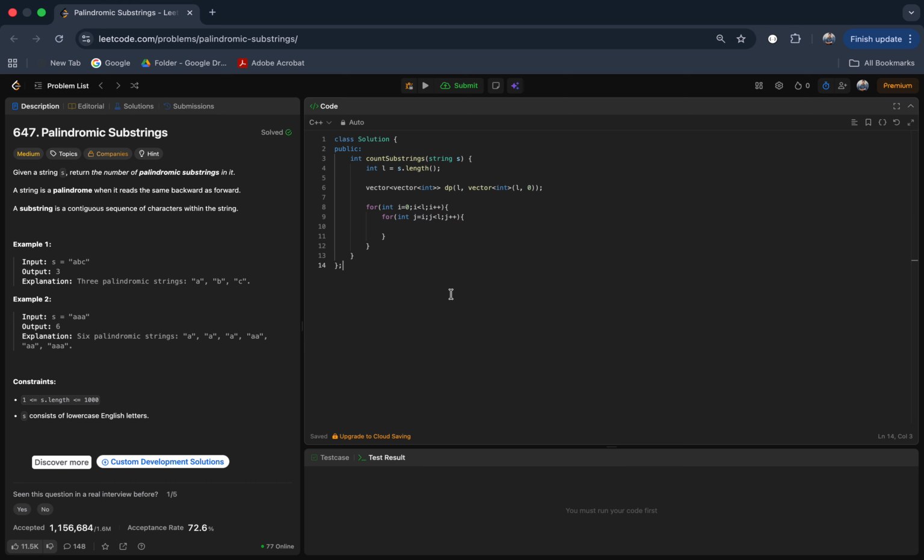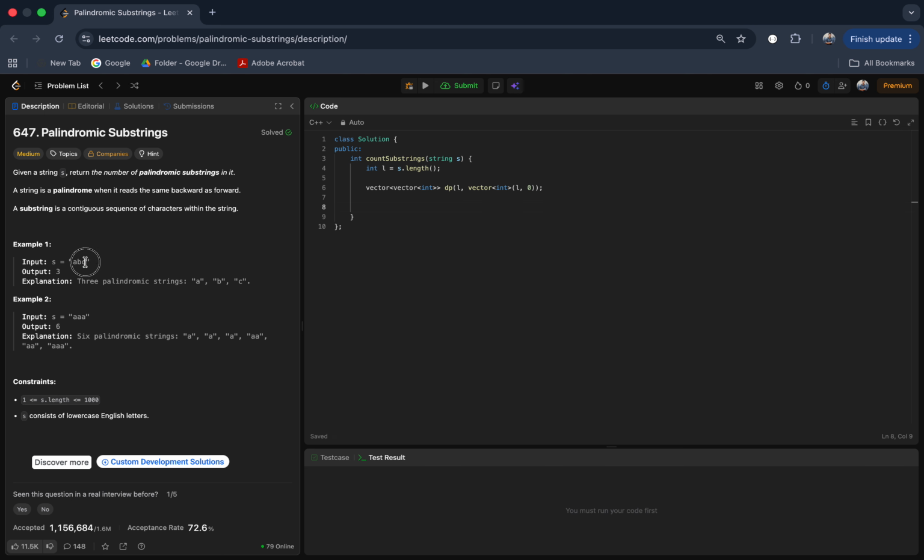So let me have it in this way, as we are using the gap method. I will take it lengthwise and I will first calculate for only the single digit.